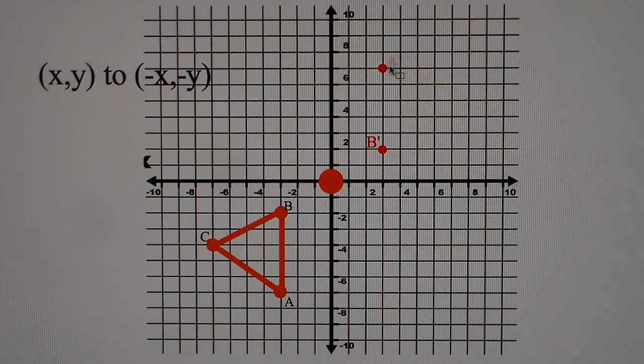That's going to be our A prime. Our C is negative 7, negative 4, so it's positive 7, positive 4. And that's our C prime. Now that we have our figure, we can connect them to make it look a little bit more like a triangle.